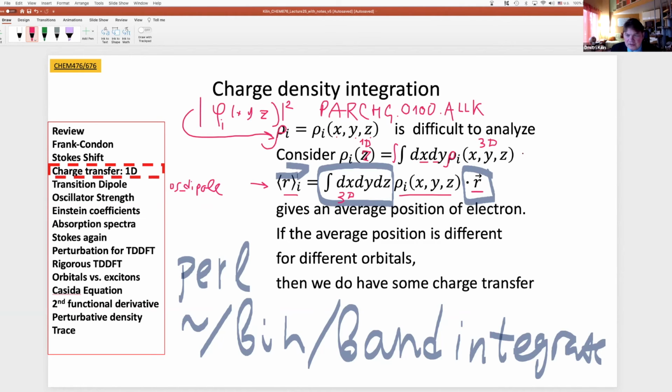The procedure for integration is stored in binary, and the name of the script is something like band integrate, because VASP calls orbitals bands, and we integrate it over x and y. So it is probably the last skill that we learn in the class, and we will go over it in the coming lab.